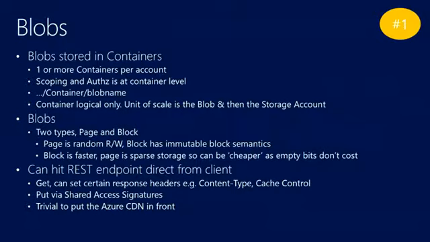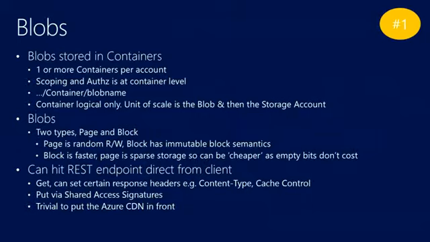Blocks are correspondingly a faster way to work with the service. Page blobs are set up as sparse storage, and the benefit is that you can use those for things like VHDs, where potentially a whole bunch of the VHD file is zeroed out space, and you don't want to pay for that zeroed out space.